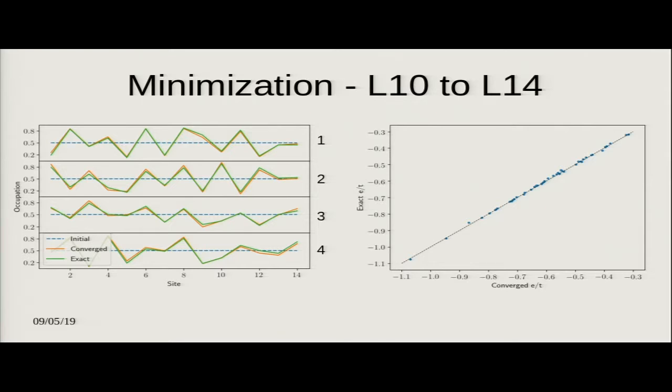We're at half filling, so for 14 sites we have 7 electrons, so each site starts with an occupation of a half. And then the converged density, after we do our gradient descent, is in orange, with the exact in green. And they show very good agreement. On the right-hand side, I'm showing the converged total energy against the exact total energy. And again, it lines up really nicely on the diagonal.